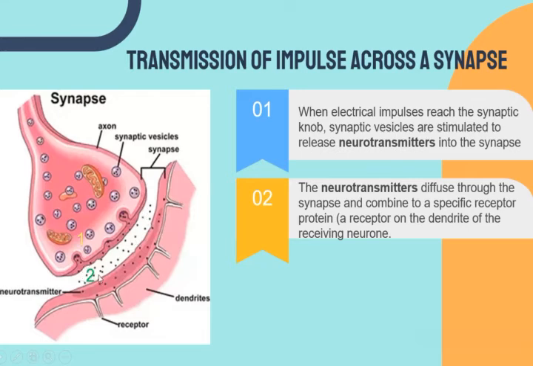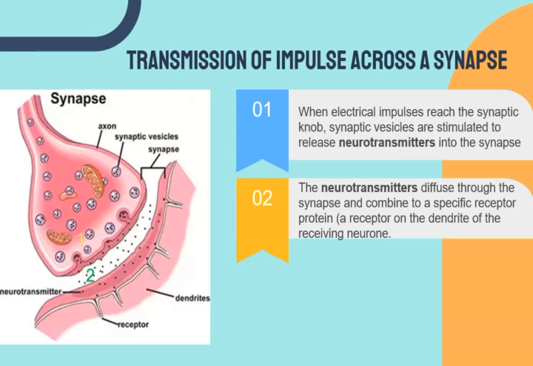As you can see from the diagram here, the neurotransmitter diffuses across the synapse and combines to a specific protein receptor here. There is a receptor that binds with the neurotransmitter.